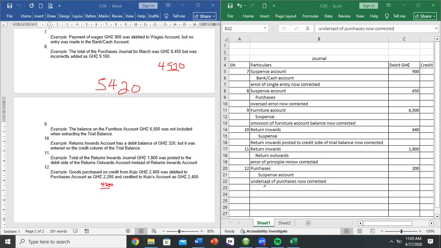But in real life too, especially when cash or check is involved, then it becomes easier to know. That's why when they do the investigation and they see that it was a genuine mistake, because some accountants intentionally manipulate the figures.